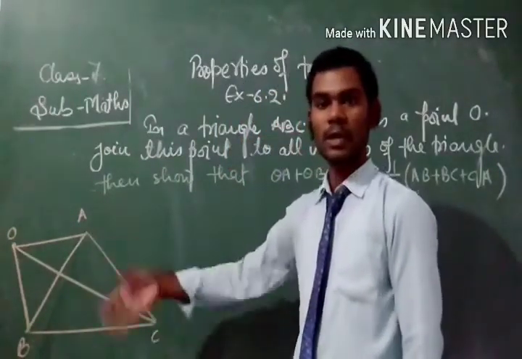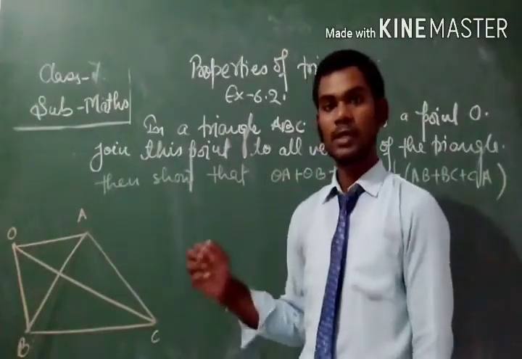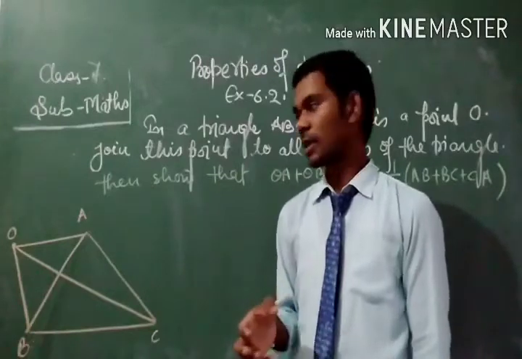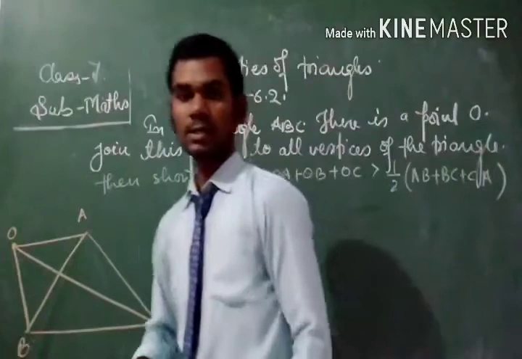Here we have joined O to all the vertices of the triangle. Then we get three triangles here. Now let us solve.